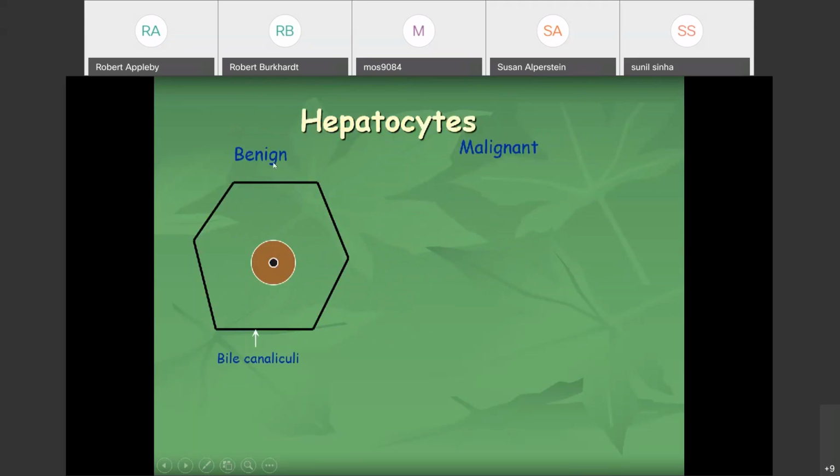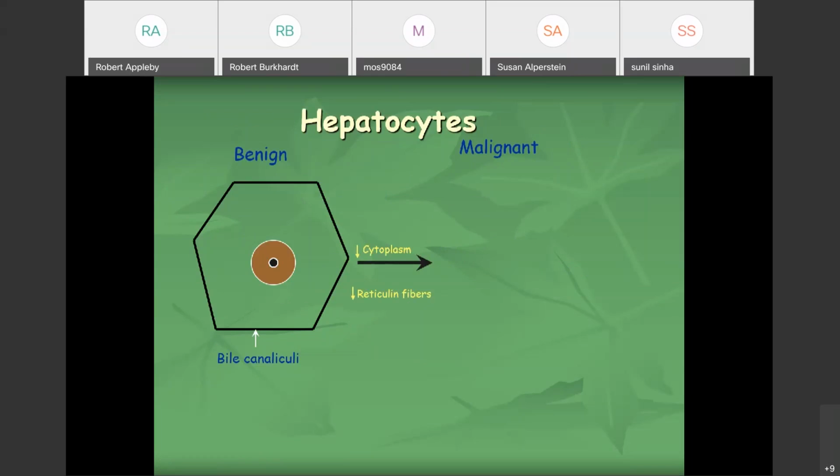Here's a diagram. Benign hepatocyte, malignant hepatocyte. Benign hepatocyte look like kitchen tiles because you have canaliculi. A malignant hepatocyte: reticulum fiber reduced, cytoplasm reduced.